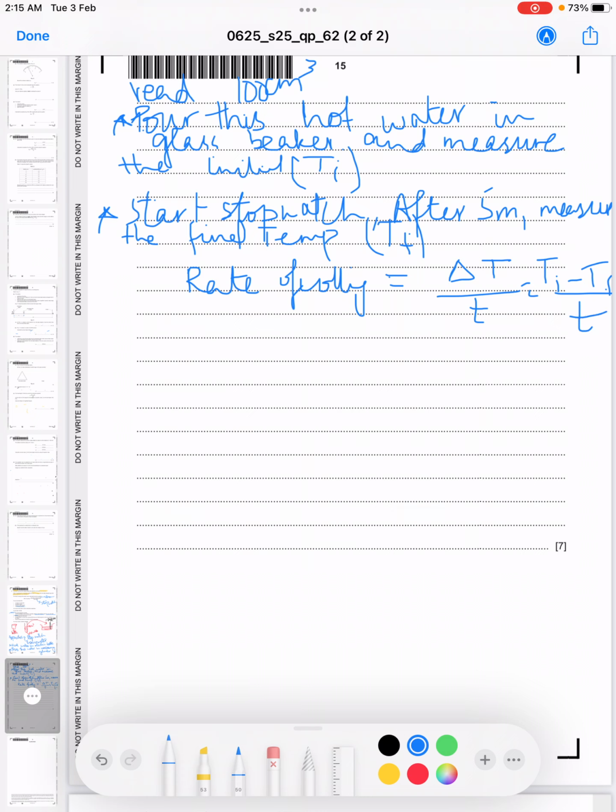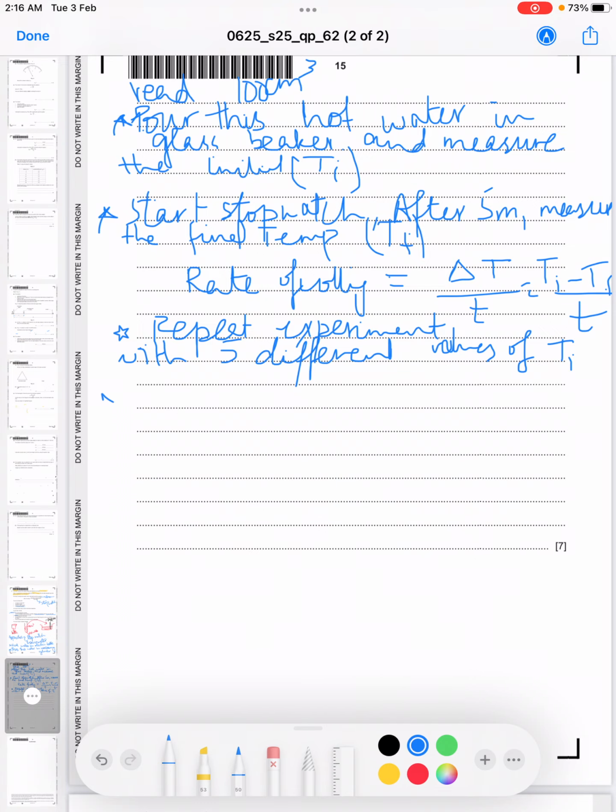Repeat the experiment. We can say repeat the experiment with a minimum of 5 different values of TI, the initial temperature.